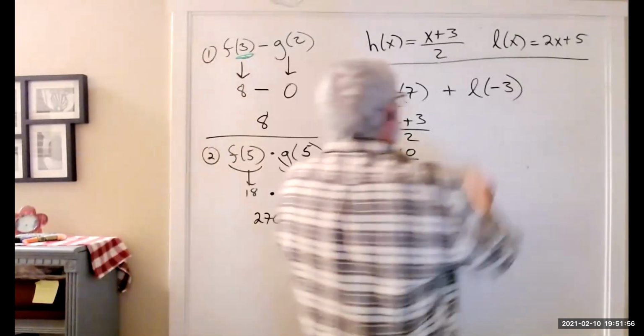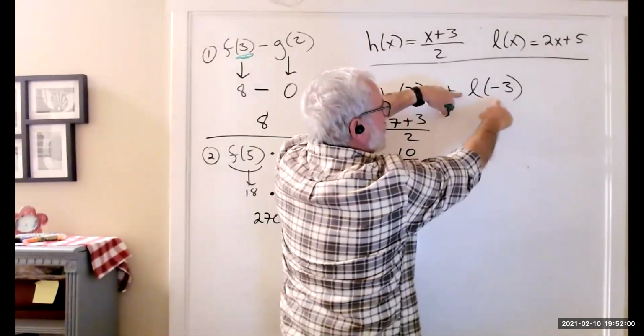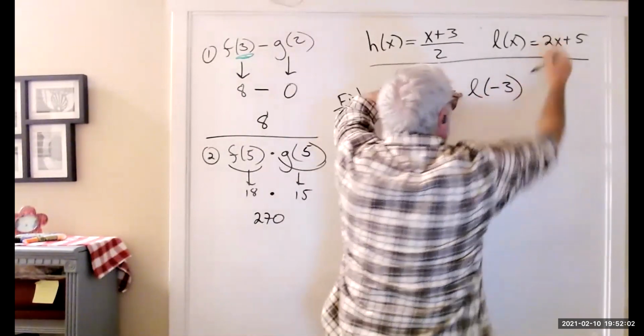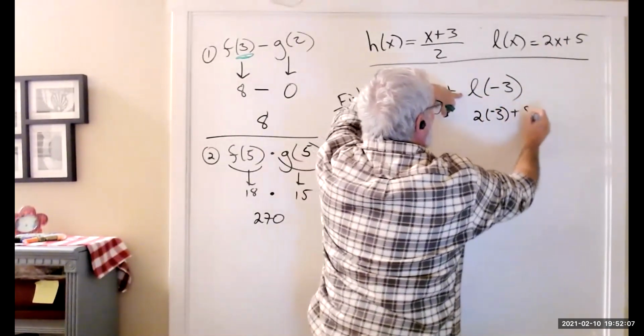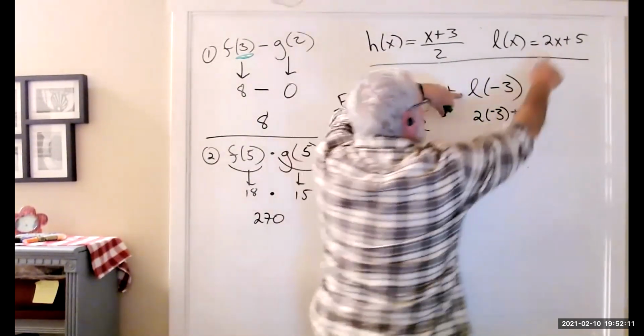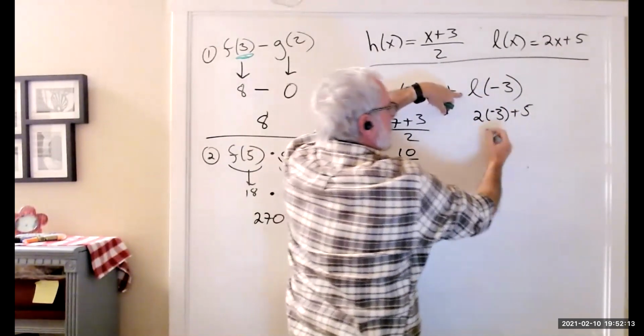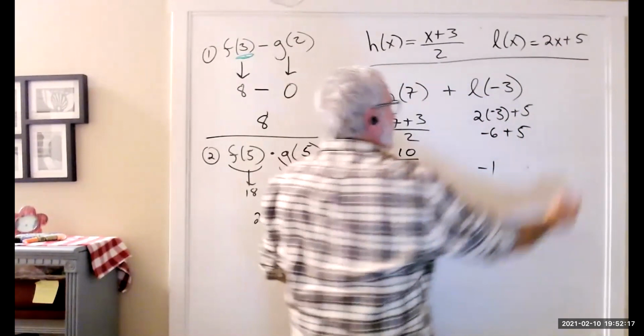Now we want to find L of negative 3. This says, look at the L function and plug in negative 3. So this is 2 times negative 3 plus 5, because that's what the L function says. So this is negative 6 plus 5, which is negative 1.